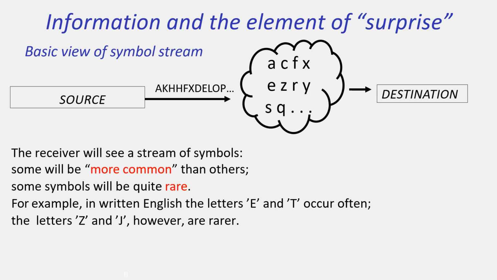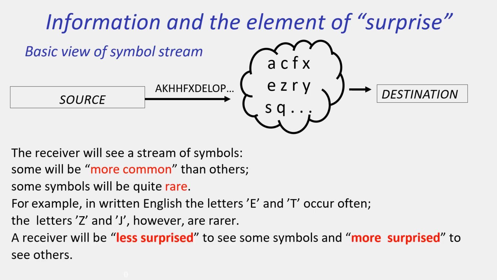On the other hand, the letter Z, the letter J, they'll be seen less frequently. So, what that means is that if a receiver sees, for example, the letter T, they're not going to be that surprised by it. But if they see the letter Q, which is rarer, they're going to be more surprised.